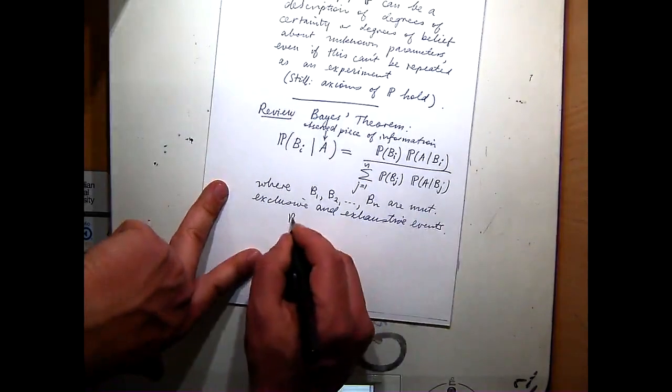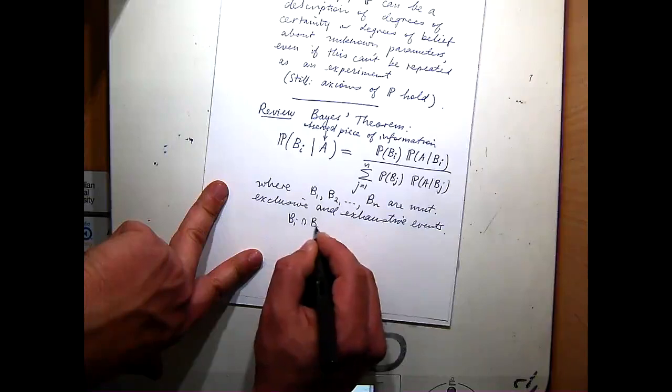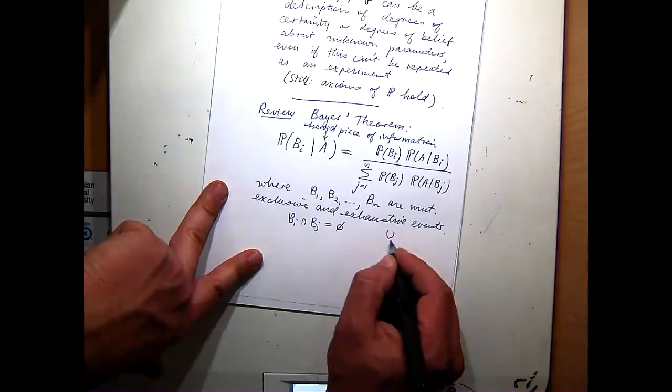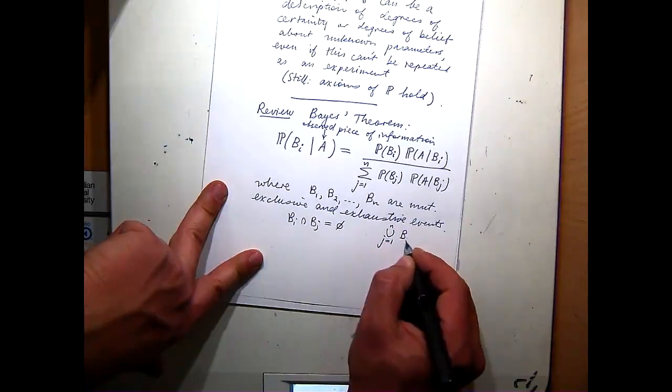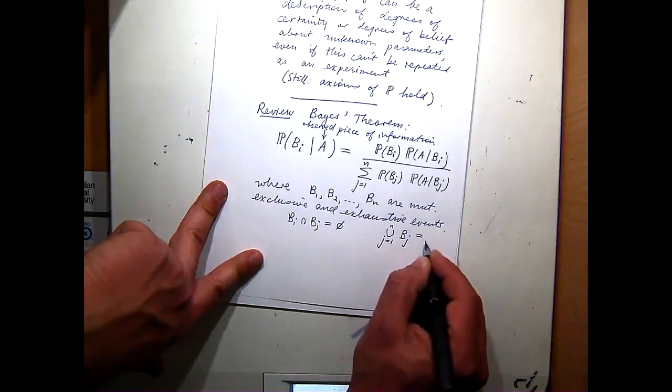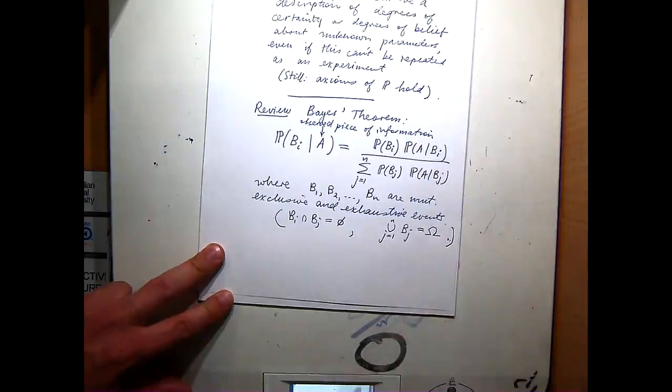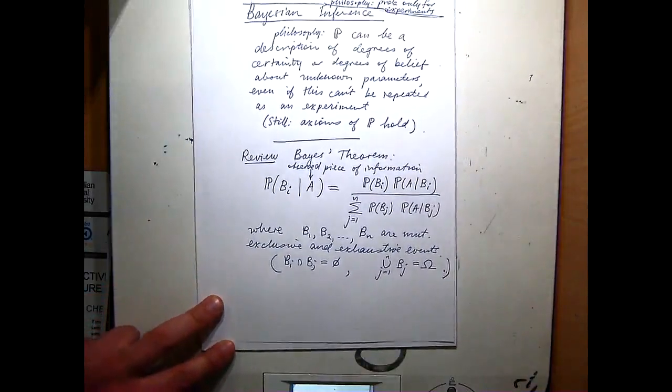Mutually exclusive means that Bi intersect Bj is the empty set, and exhaustive means the union of all the Bj, j equals 1 to n, is the whole sample space. So that's a review of what Bayes' theorem told us. We already proved this. It's not very hard to prove, of course.